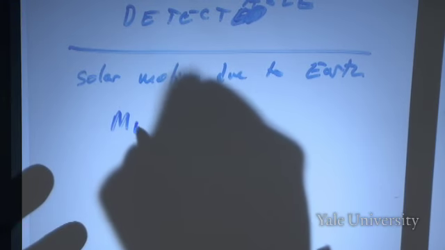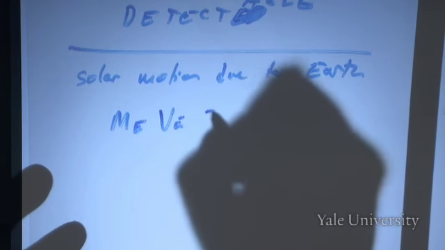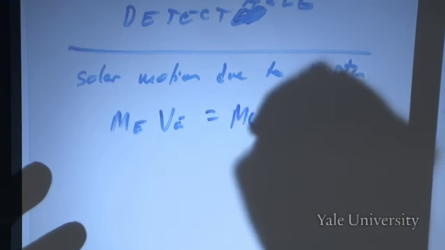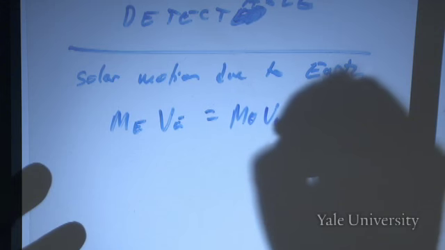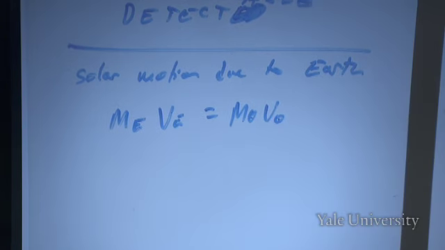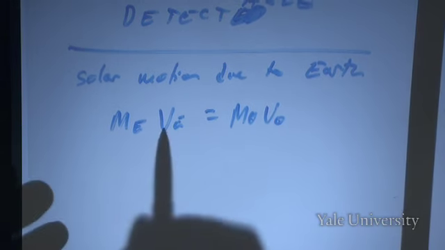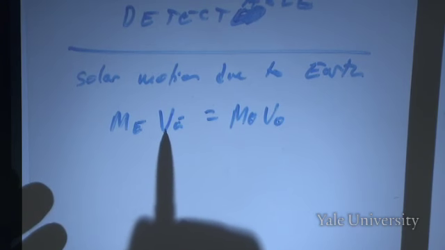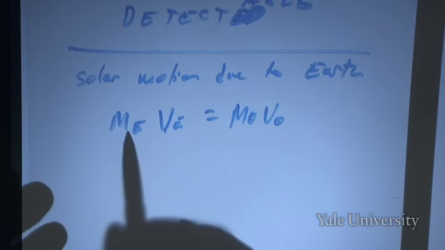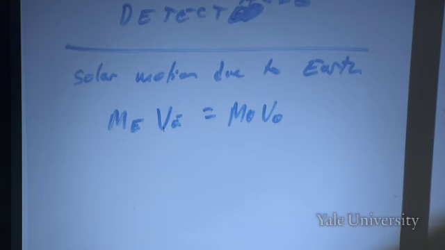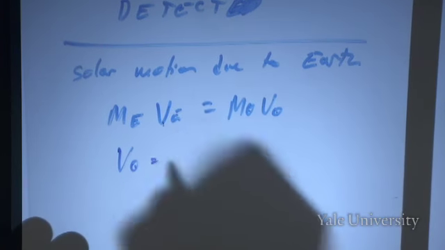So we have m Earth, v Earth is equal to m Sun, v Sun, where v Sun now means the motion induced by Earth. This number is bigger than it was for Jupiter, but this number is a whole lot smaller. And so the overall effect is that v Sun is going to be smaller.